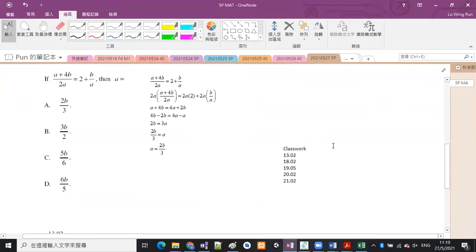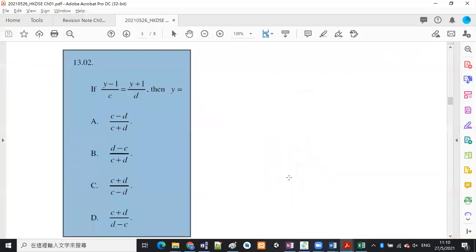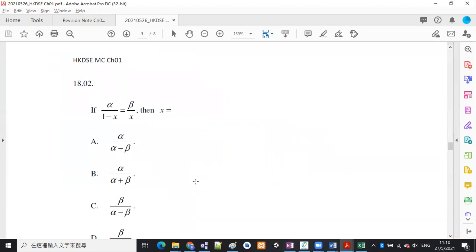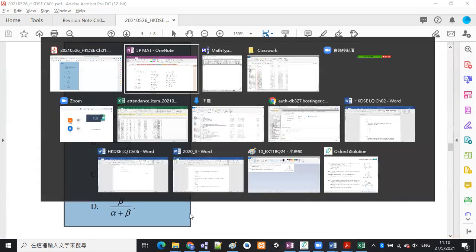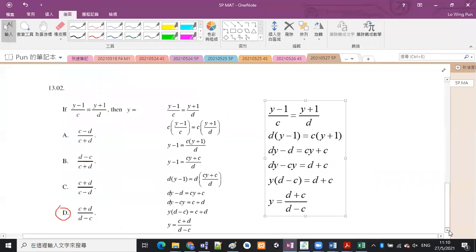What's the next one? 18.02. And so they are alpha and beta, not A and B. This one.